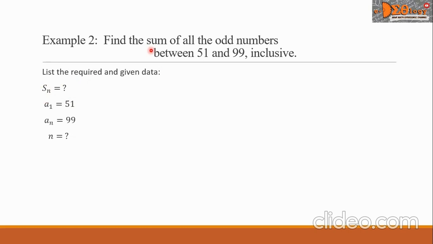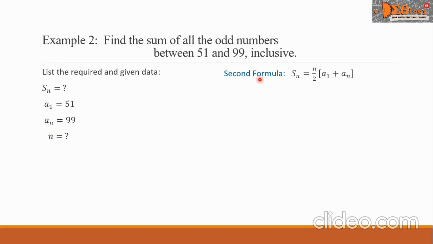This is the sum of all the odd numbers as required in the problem. The first term is 51. The a sub n, this is the last term, equals 99. The n, the number of terms, is not specified in the problem. So still this is a question mark.